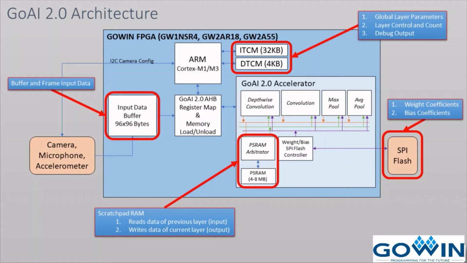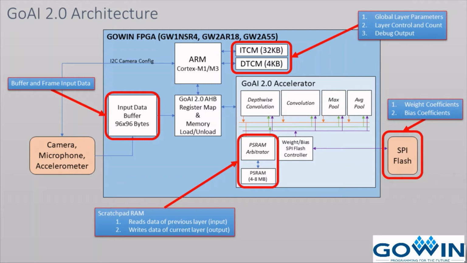One is the added software development flow to go from TensorFlow Lite down to deploying on Gowin's FPGAs. And then the second part is the hardware architecture itself and the arrangement of files and firmware to deploy machine learning models on the FPGA. So you have the software element, the Go AI 2.0 SDK, and then you have the hardware element, the embedded combination of soft and hard macros within the Gowin FPGA device itself.